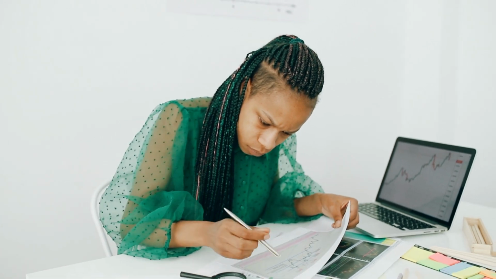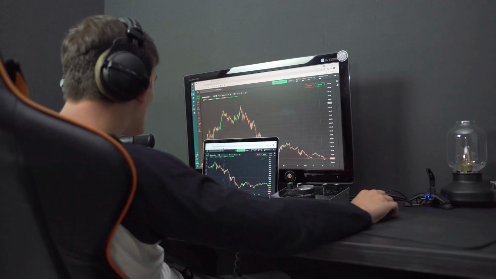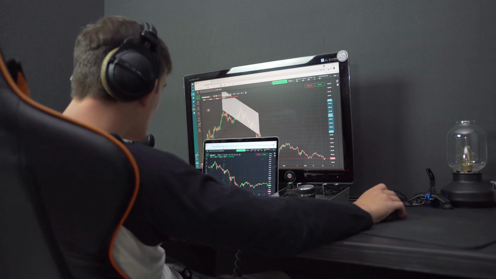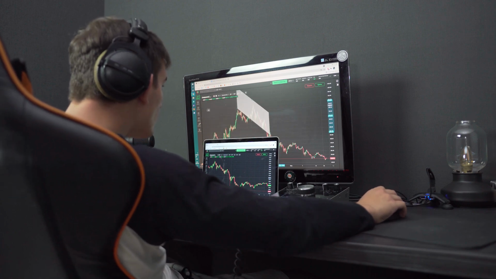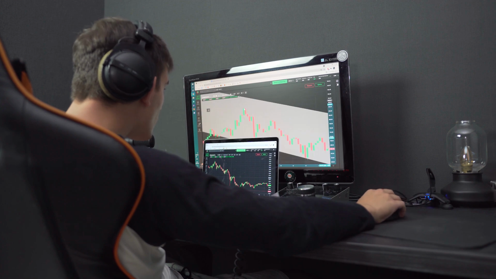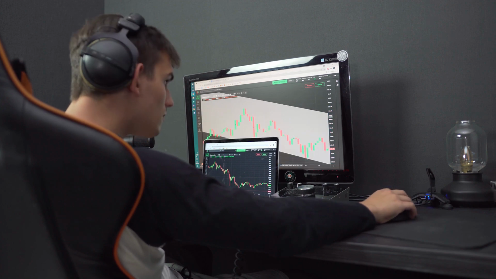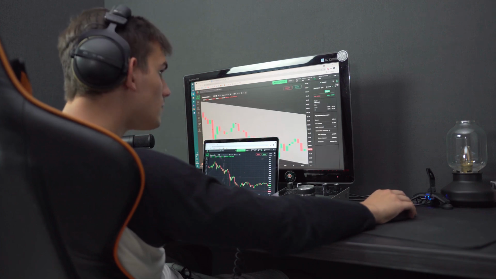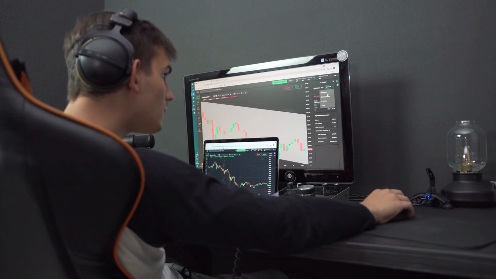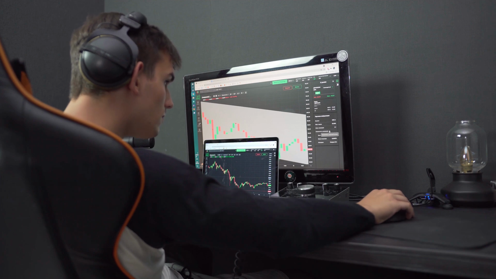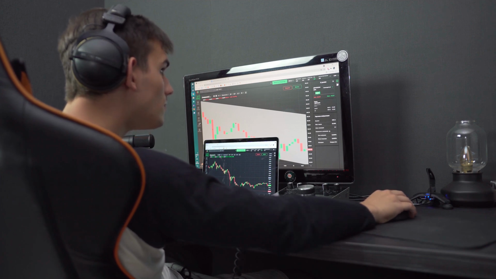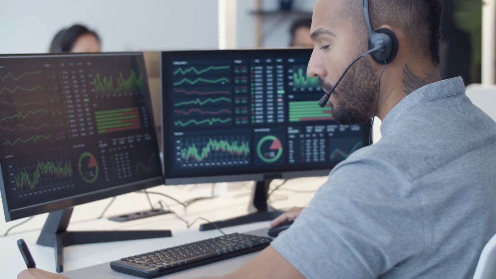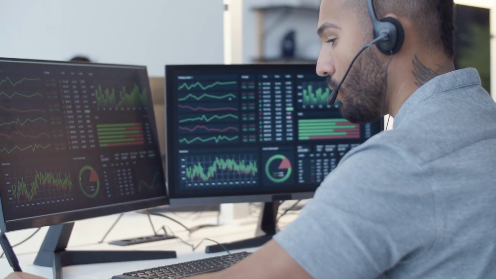This indicator and the strategy which we'll be explaining will work better on the 1 hour time frame. That does not mean that you cannot use it on any other time frame, but we see that the optimal performance of this strategy is on the 1 hour time frame. With that being said, let's move in and see how this indicator looks.